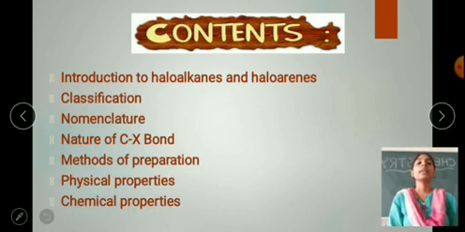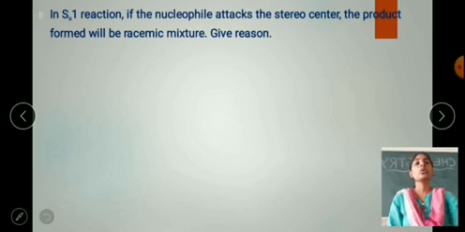In chemical properties, in my last class I completed the SN1 and SN2 reactions with their mechanisms, along with the stereochemical aspects of nucleophilic substitution reactions. Today I am telling you about some important aspects regarding the reactions.